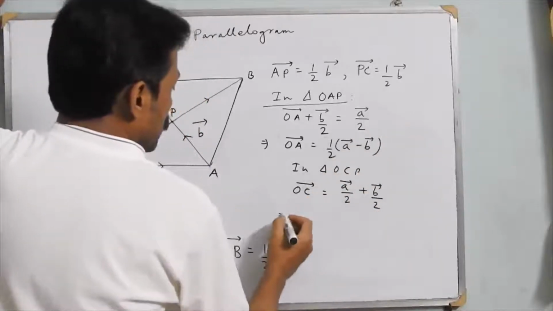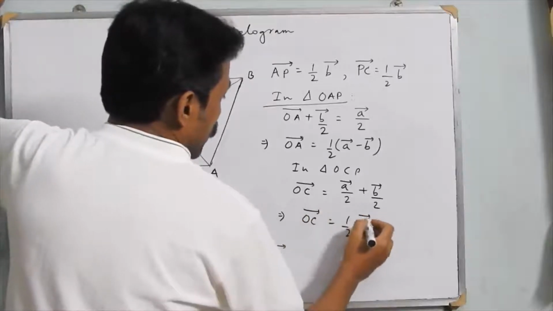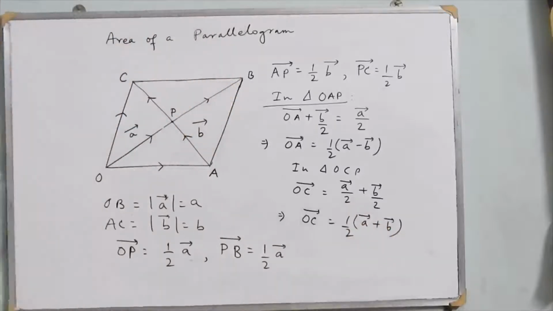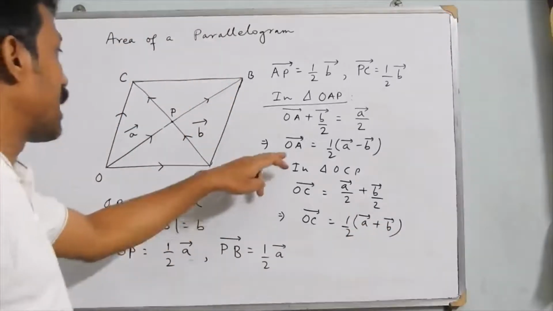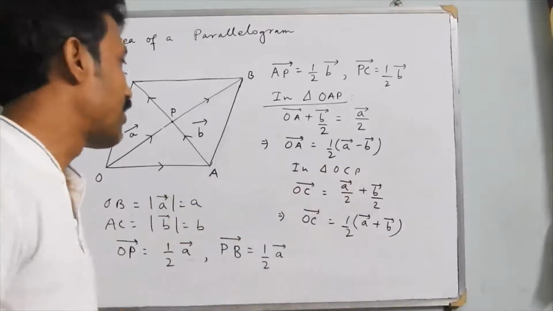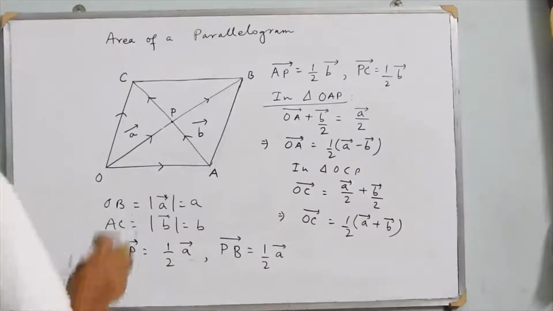So this is equal to half of A vector plus B vector. So one of the sides is half of A vector minus B vector, and another side is half of A vector plus B vector.